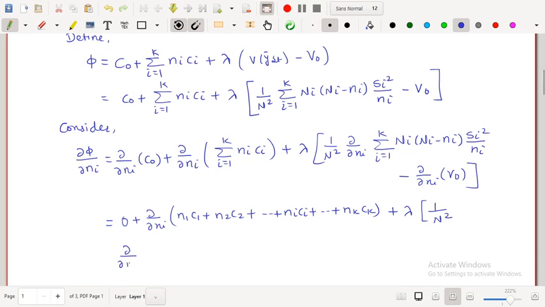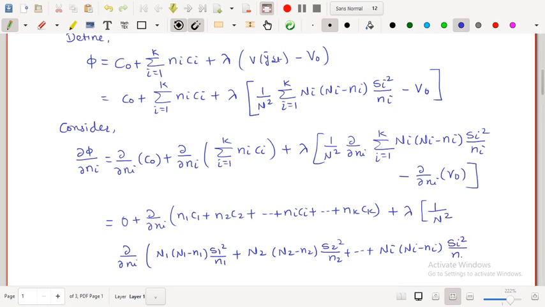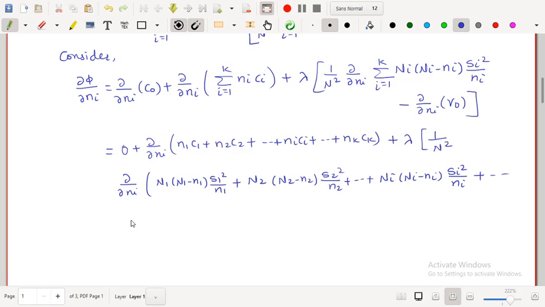So this will be dou by dou Ni of N1 into N1 minus N1 S1 square upon N1 plus N2 into N2 minus N2 S2 square upon N2 plus up to Ni into Ni minus Ni Si square upon Ni plus up to the last term Nk into Nk minus Nk Sk square upon Nk.